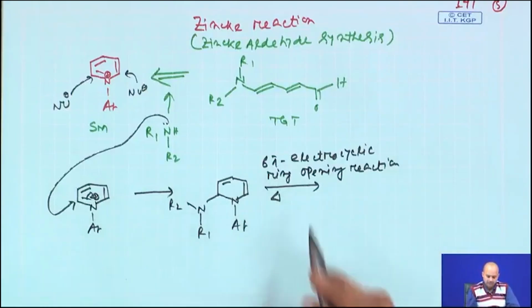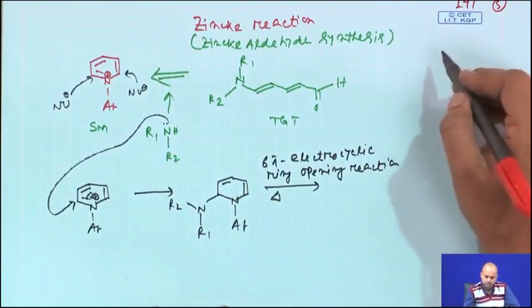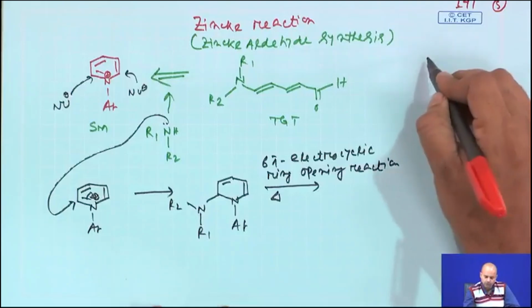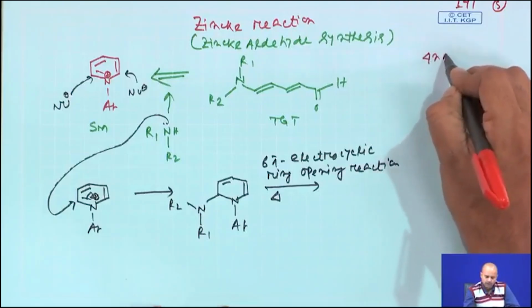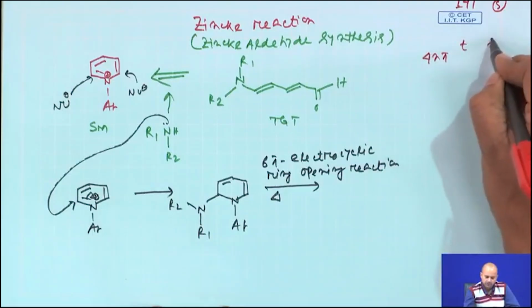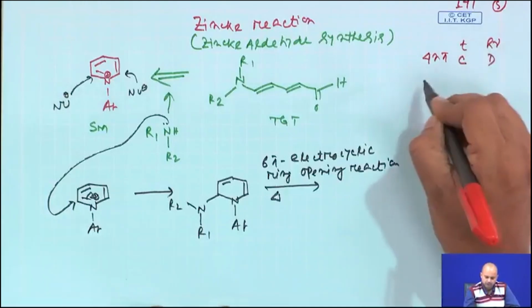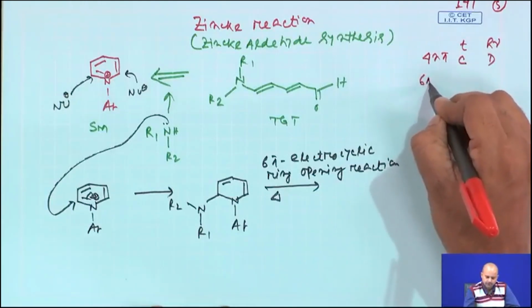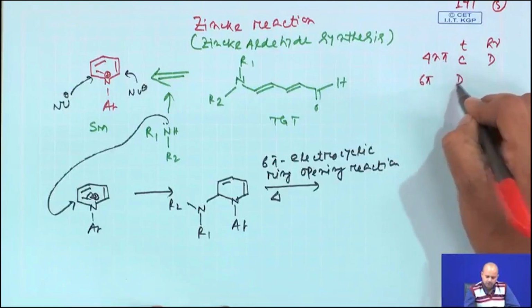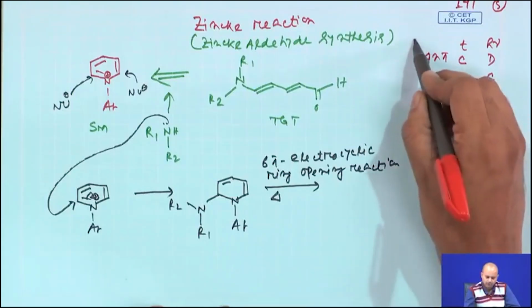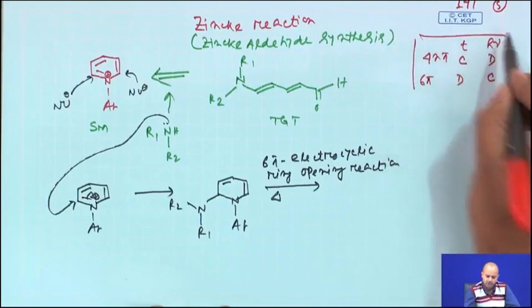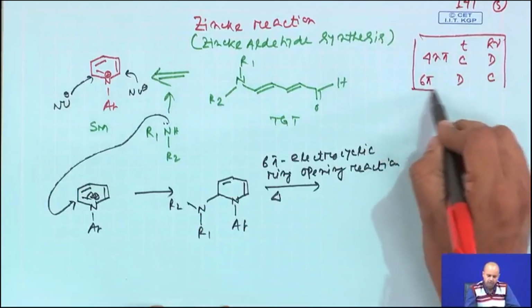The selection rule is: 4n pi, thermal is conrotatory and photochemical is disrotatory. 6n pi or 6 pi, thermal is disrotatory, photochemical is conrotatory. So, the selection rule for pericyclic or electrocyclic reactions, I am sure all of you know it.